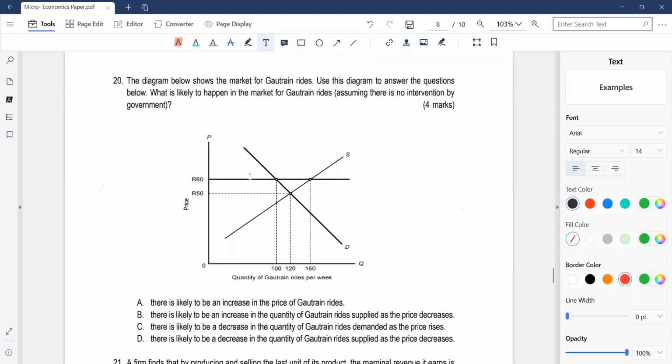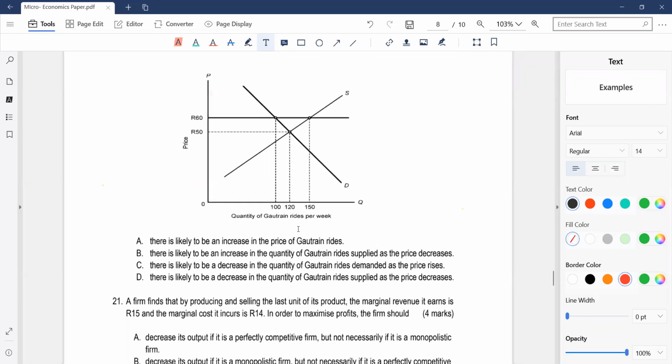But at 60, the supply was 150 rides per week. The demand was 100 per week. Now the government is not intervening. What will happen? The forces of supply and demand will come in and work. So what would happen?